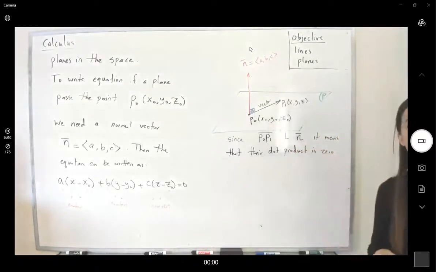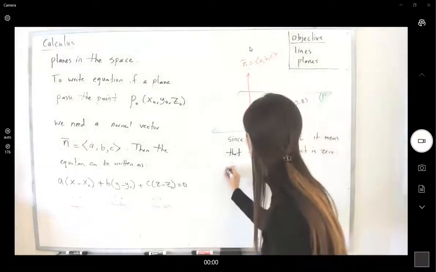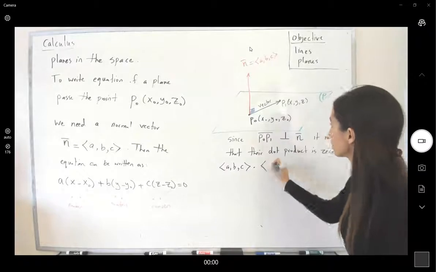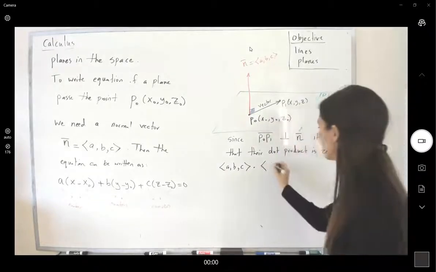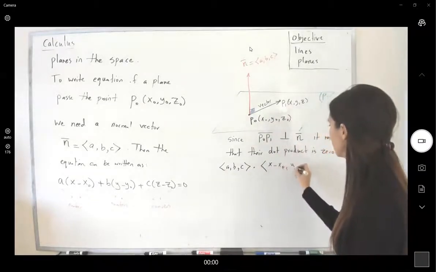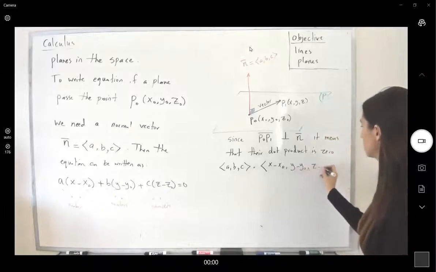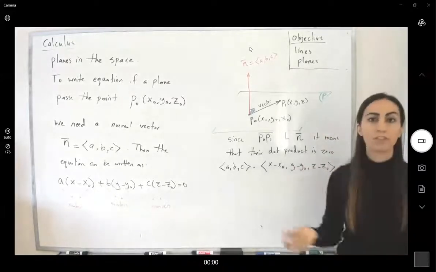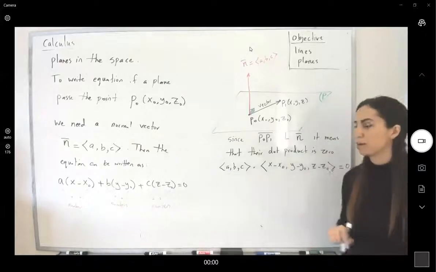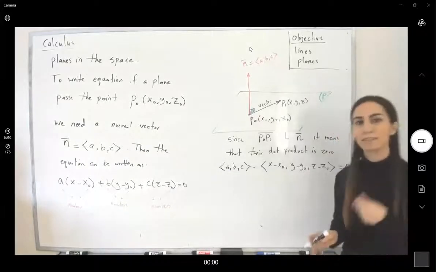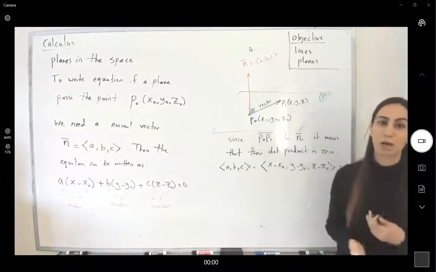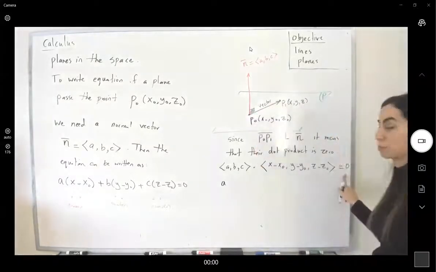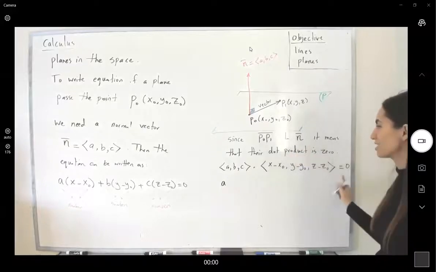Okay, let us construct the dot product. Here we have A, B, C dot product with a vector that passes through these 2 points: x minus x sub 0, y minus y sub 0, z minus z sub 0 equal to 0. By the definition of dot product, we multiply the first components, plus the second components, plus the third components, and since they are perpendicular to each other, it is 0.